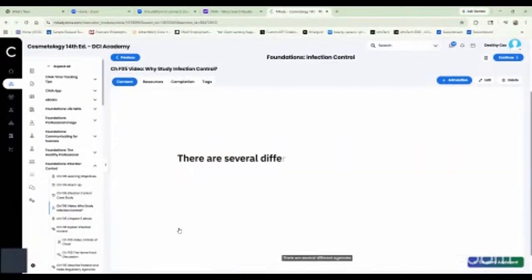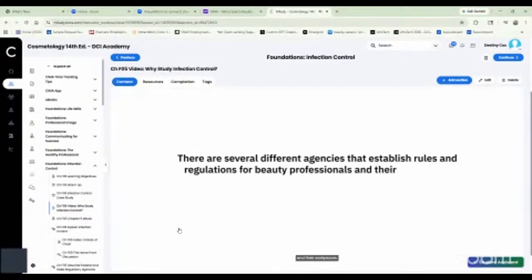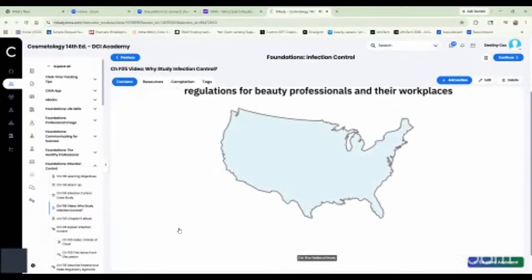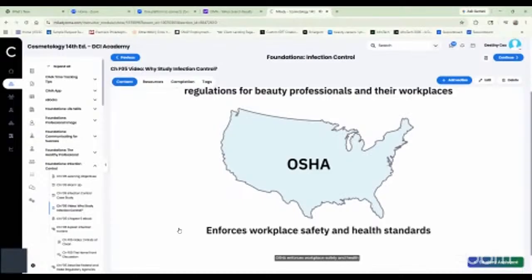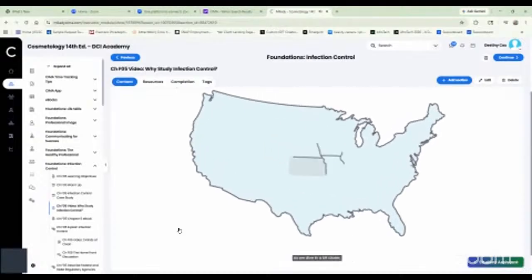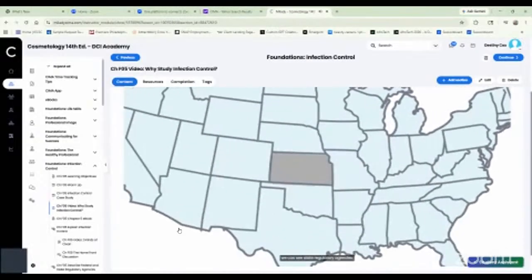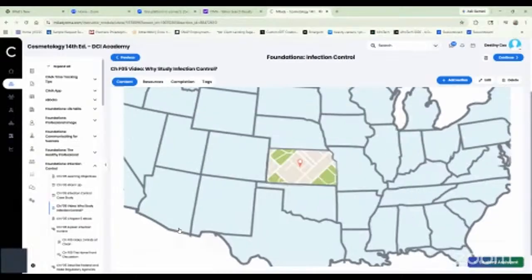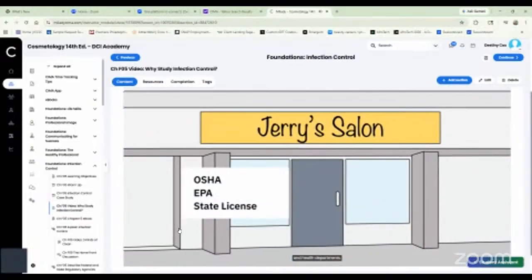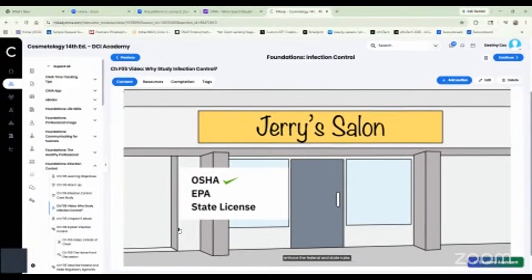There are several different agencies that establish rules and regulations for beauty professionals and their workplaces. On the federal level, OSHA enforces workplace safety and health standards, while the EPA controls chemical products like disinfectants. As we dive in a bit closer, we can see state regulatory agencies, including licensing agencies and health departments, enforce the federal and state rules.